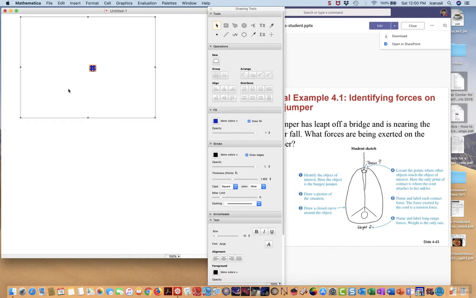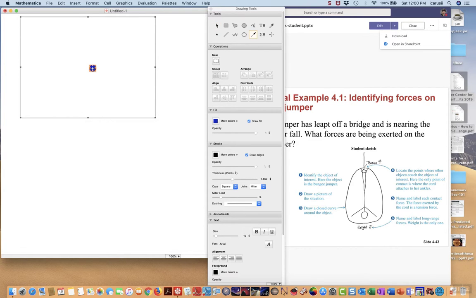So now the question is, what forces are acting on the bungee jumper? Well, as the book suggested, draw a boundary around the bungee jumper. I don't have to do that with my dot, but you should do it if you do an extended picture. Now, once I have it in this form, I can start talking about forces that are acting.